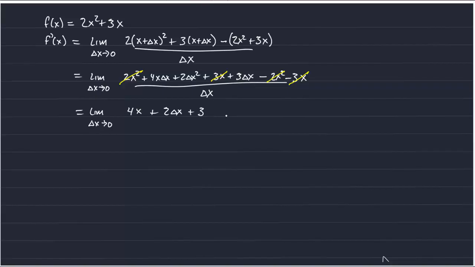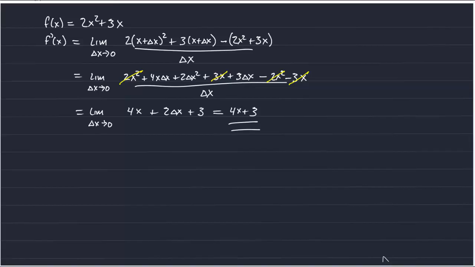And you can see that as delta x goes to 0, that function approaches 4x plus 3. And so that's how we can evaluate the derivative using our knowledge of limits.